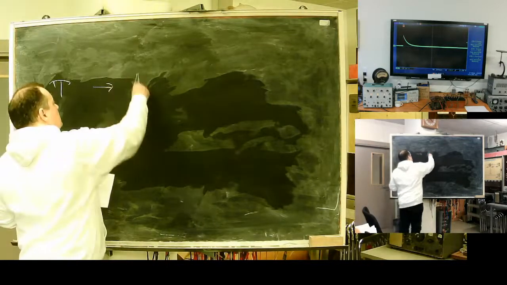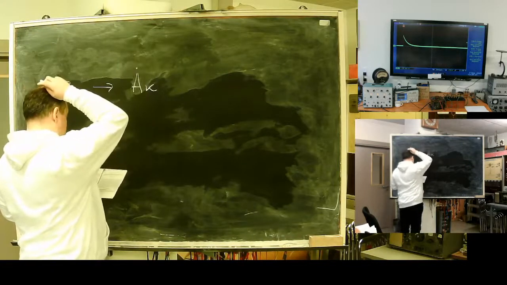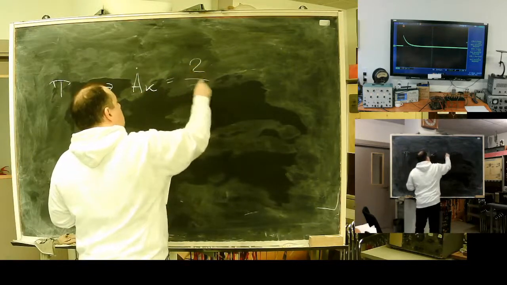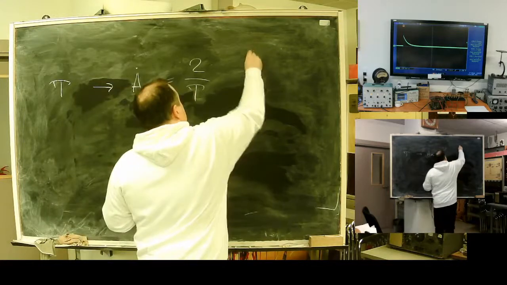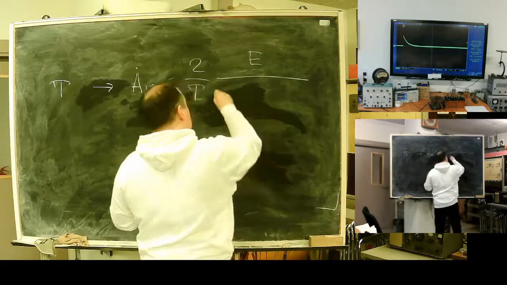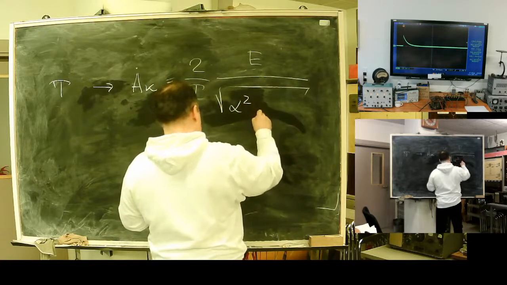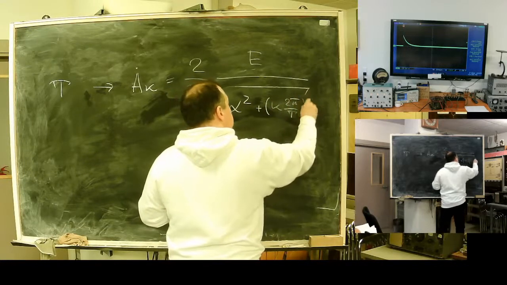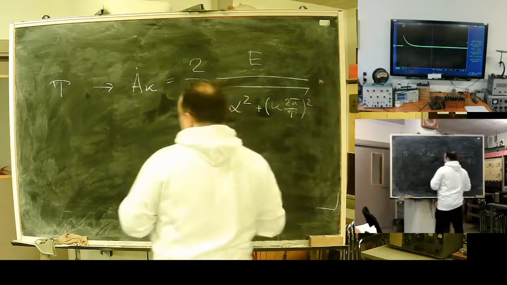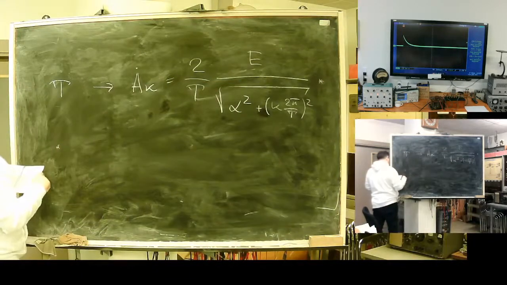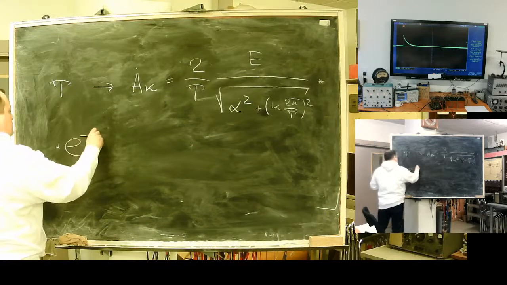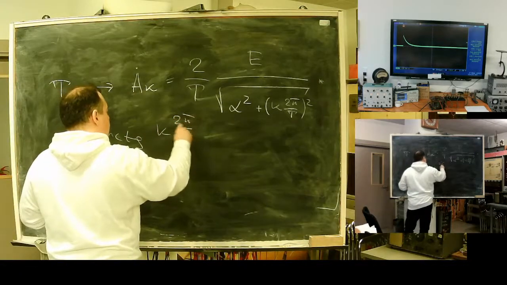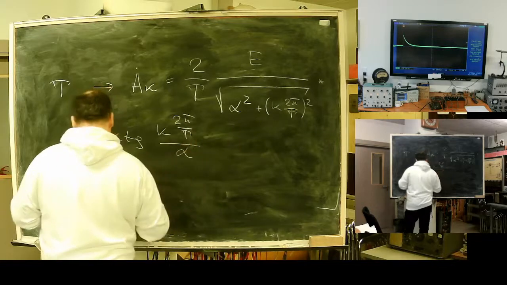This will give us a complex amplitude of the harmonic being 2 divided by the period, 1 divided by the square root of alpha squared plus omega squared, multiplied by e to the power of minus j arctangent, and once again divided by alpha.